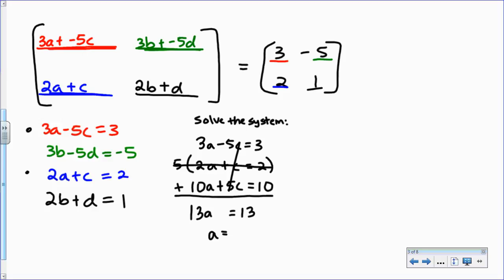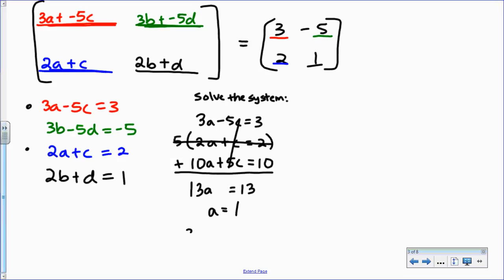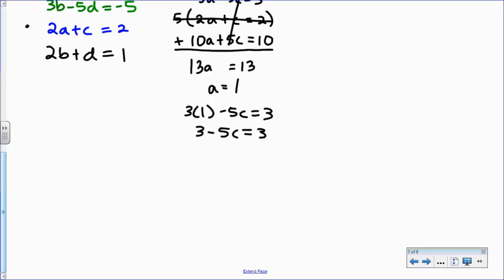So A equals 1. Okay, go back up and plug that in. I'll plug it into the top one. So that's 3 times 1 minus 5C equals 3. Okay, subtract 3, and I get C equals 0.